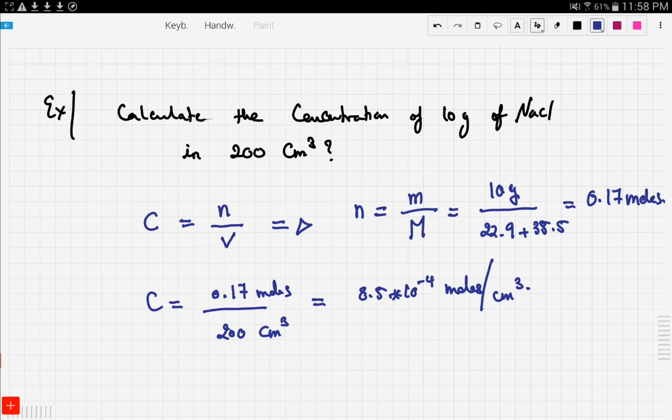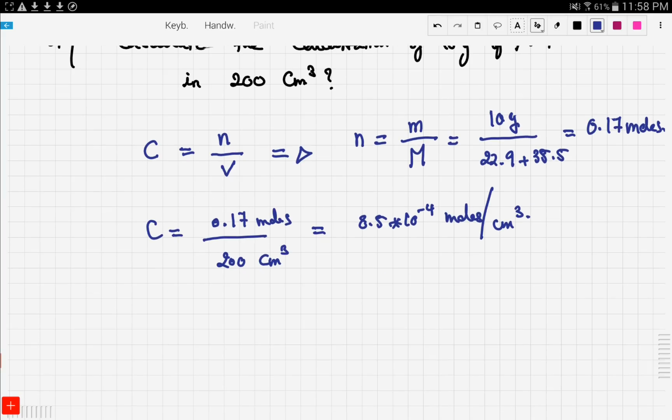Now, usually concentration is not measured in those units. Usually volume is in liters. So if the question asks you to find the concentration in terms of moles per liter, what do we do? We have to convert this 200 centimeters cubed into liters.